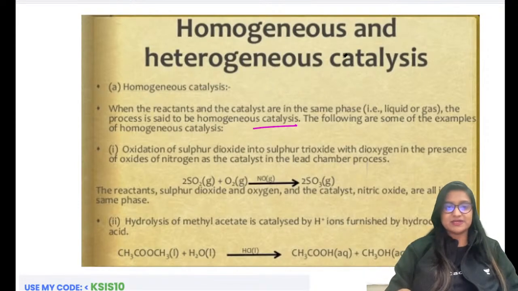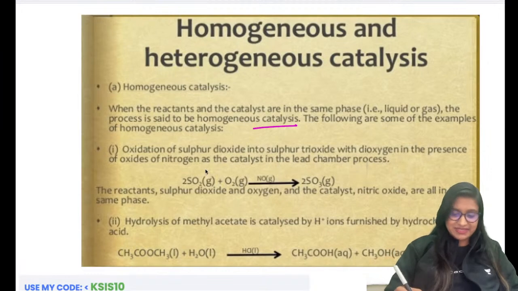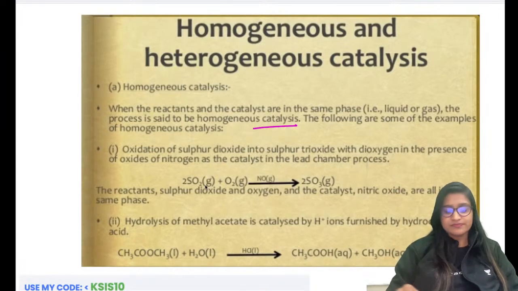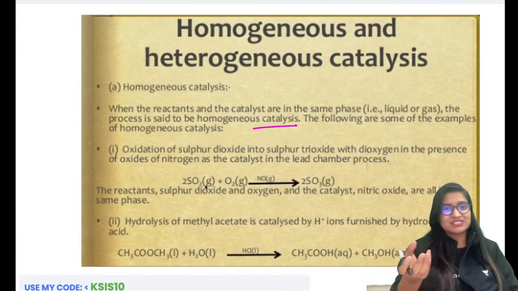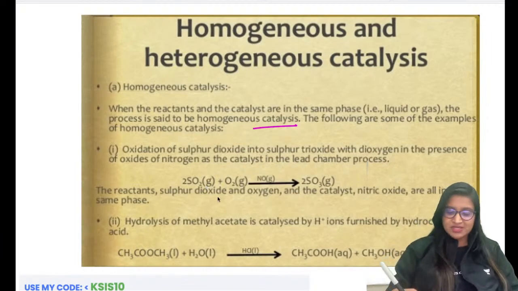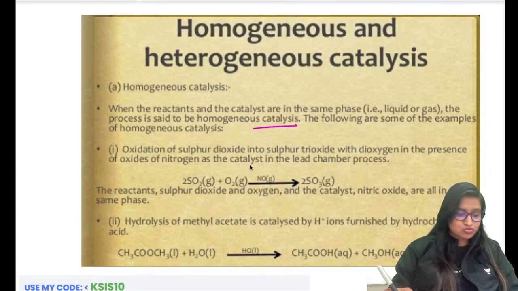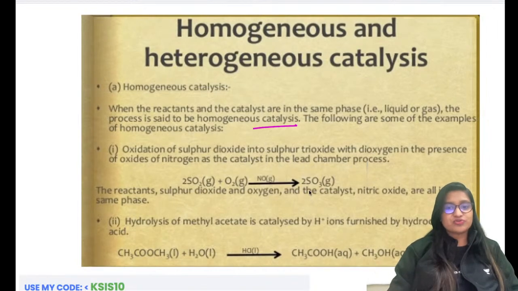The very first one is the oxidation of sulfur dioxide into sulfur trioxide. Sulfur dioxide is SO2. You added oxygen to sulfur dioxide, right? Whenever you add oxygen to something, it is known as oxidation, right? So 2SO2 plus O2 gives you 2SO3, right?